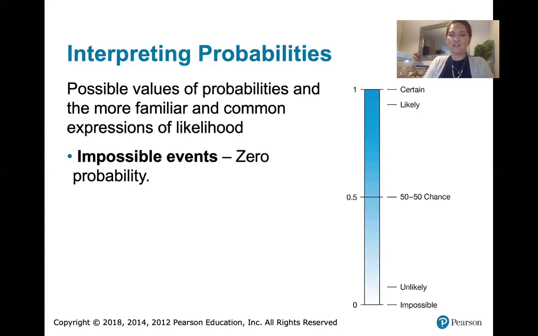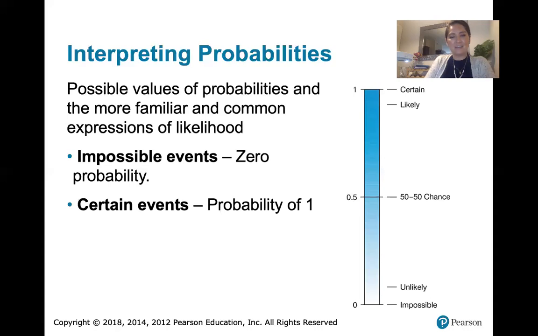Now, if you're certain that something is going to happen, there's a 100% chance of that happening. That 100% corresponds to a probability of 1. So if something is certain, it has a probability of 1.